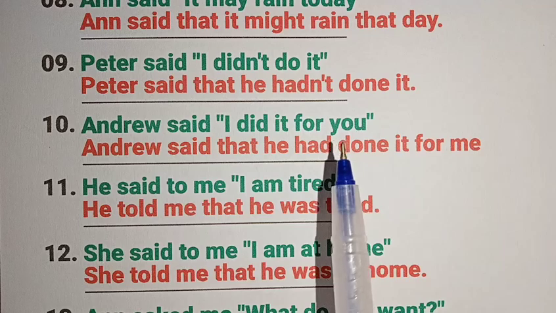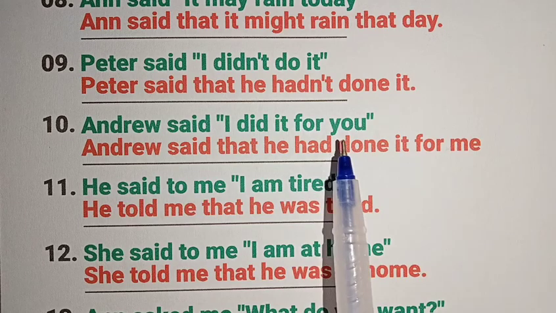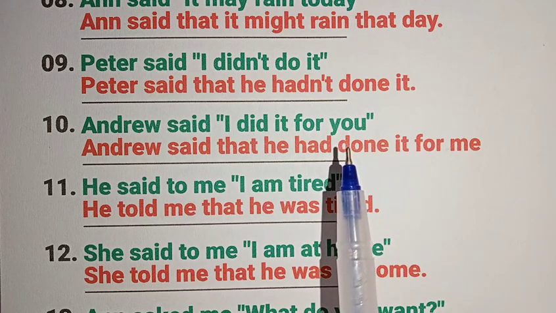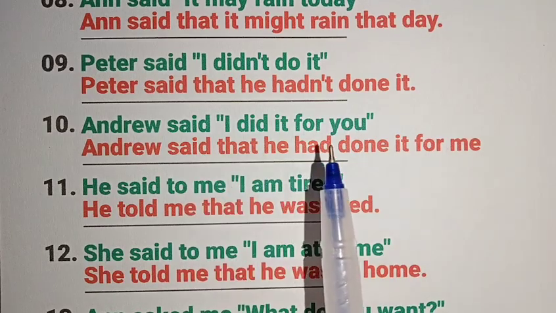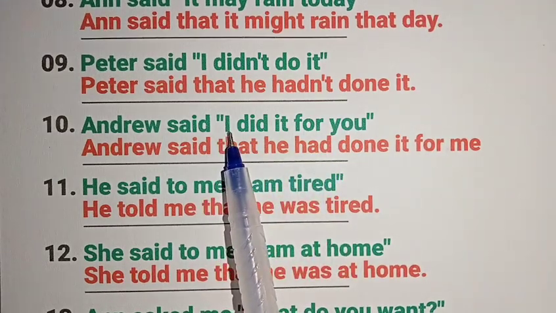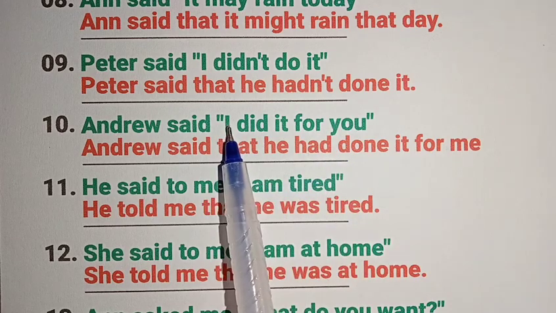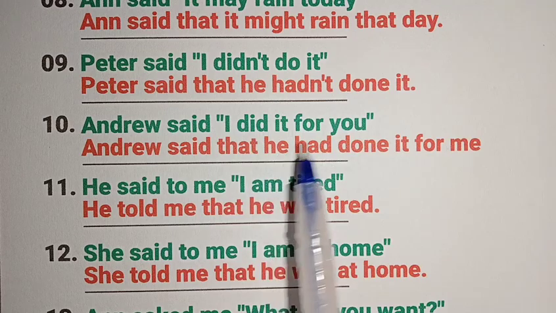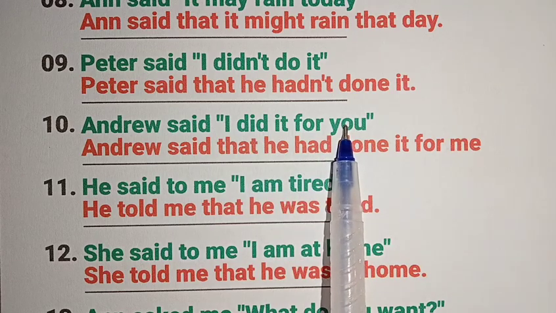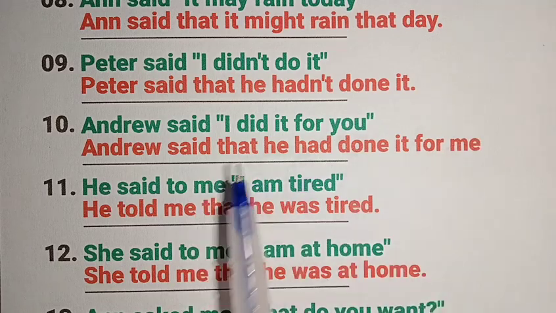So you refers to me. The pronoun you refers to me. So he did it for me. This Andrew, he did it for me. So then the pronoun I changes into he and the pronoun you changes into me.